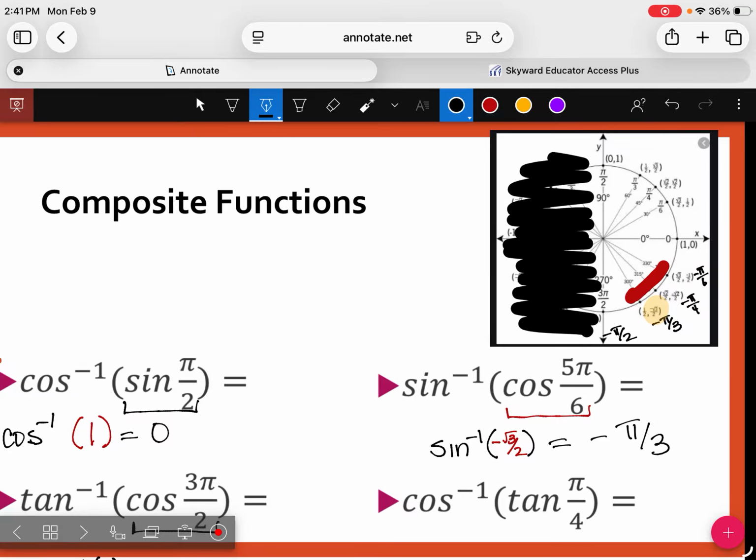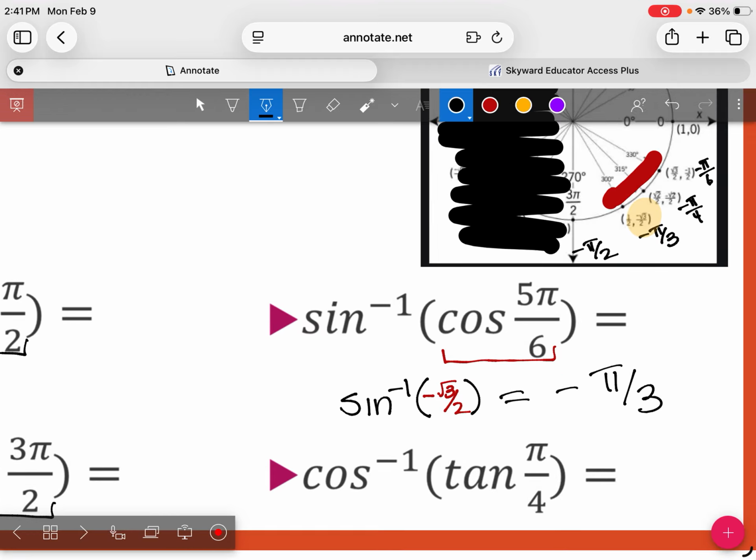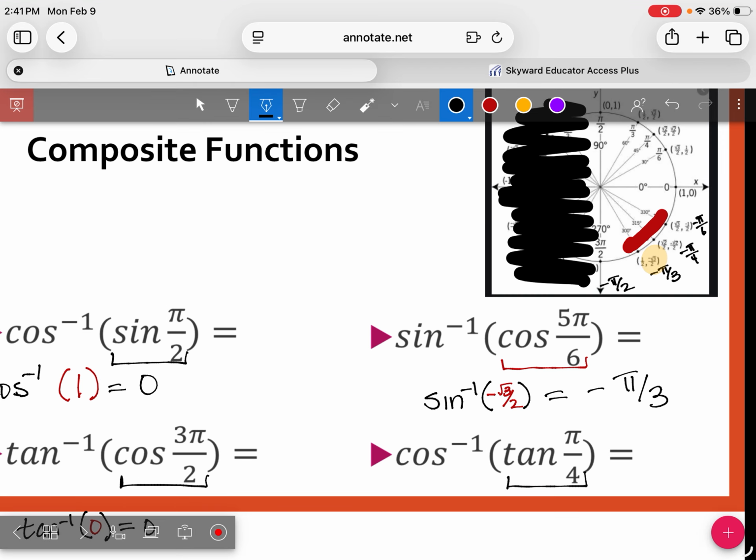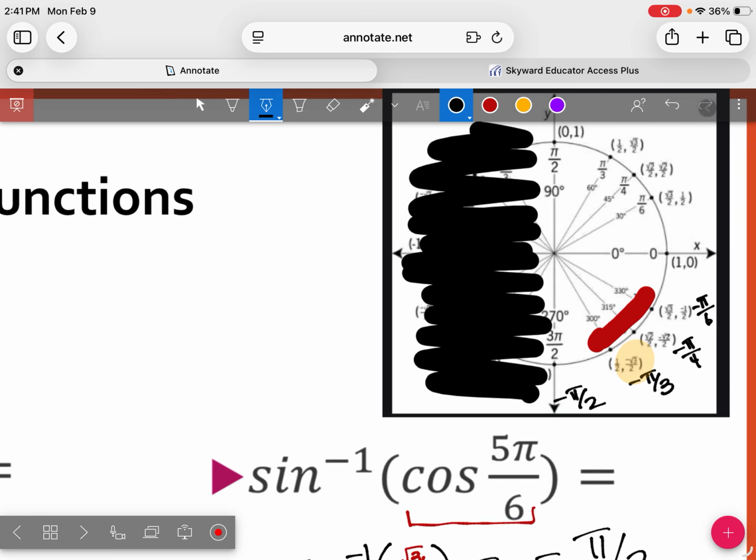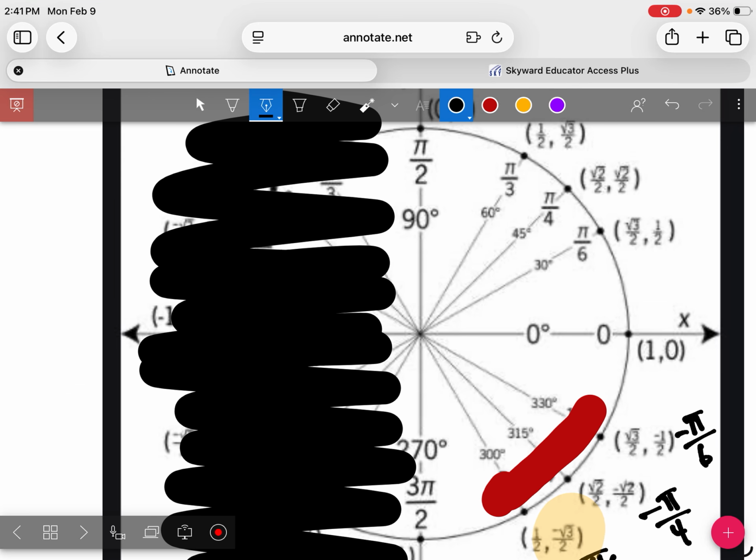All right, now we're going to look at this example here, where we have the tangent of pi over 4. Well, that's one of our favorites because that's our 45, 45, 90. And we know that when we divide any two things that are the same, you're going to get 1.